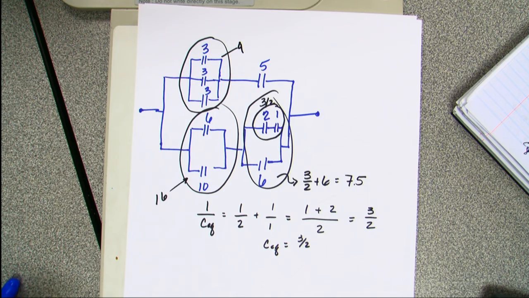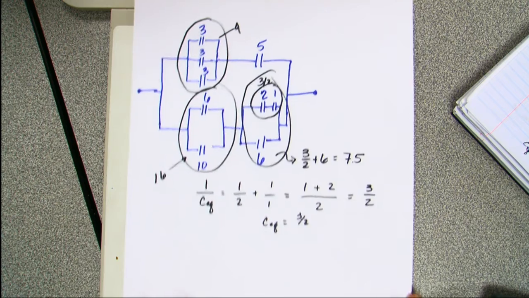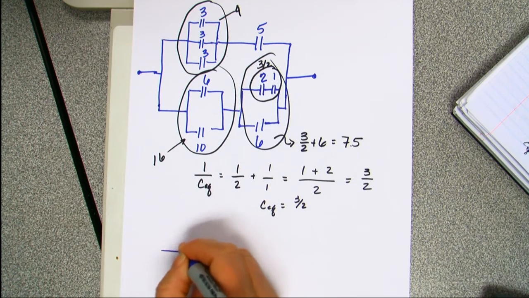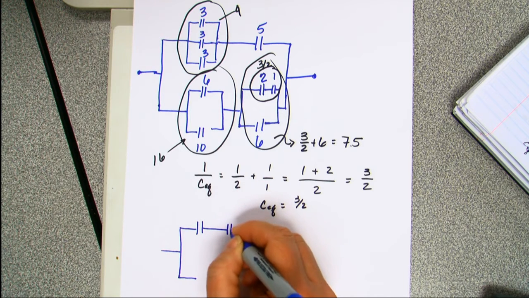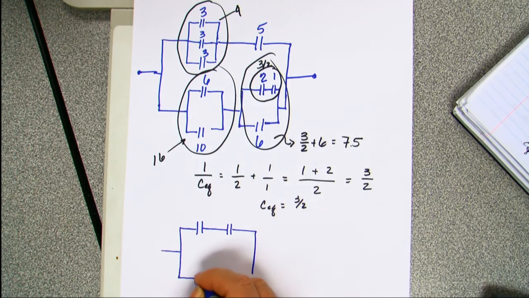Now, because it's getting messy, I'm going to take the step of redrawing my circuit. And when you're doing your homework, this is a good idea. Because now my system looks like this.